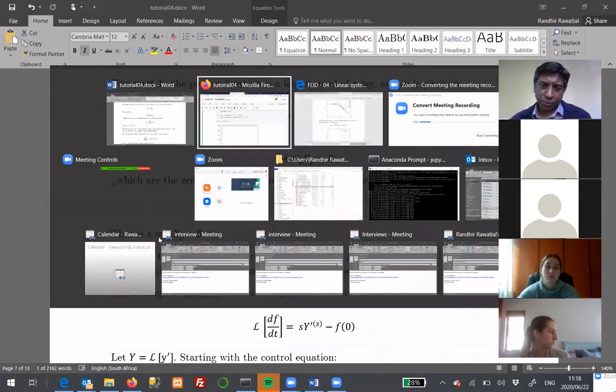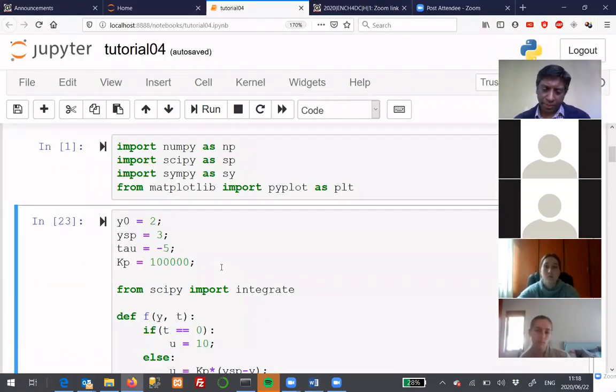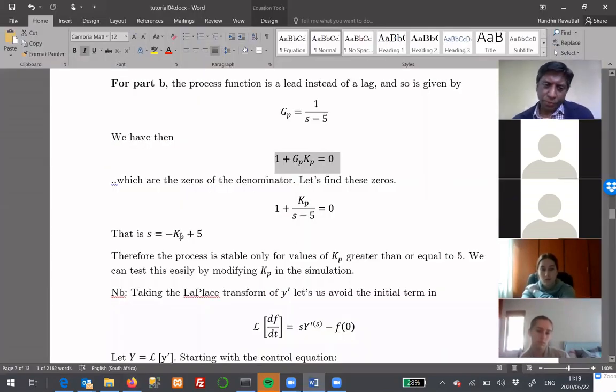That's what we saw earlier. We used a Kp value of 1. So if Kp is 1, then this is minus 1 plus 5, so that's plus 4. Our root here is plus 4, which means we have a positive real part, and that's unstable.